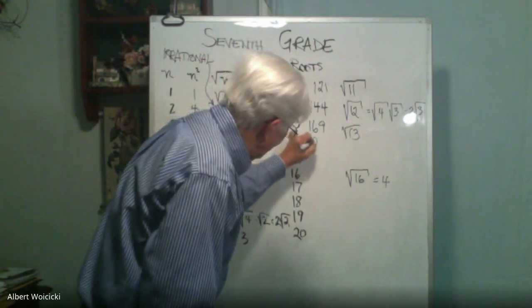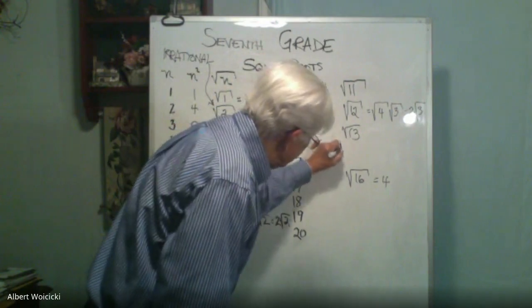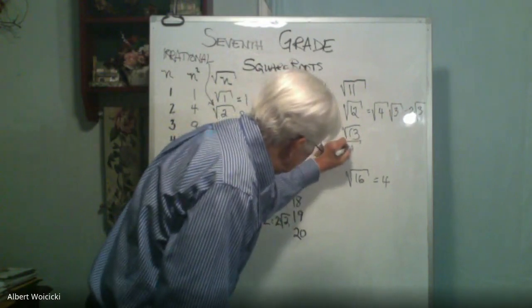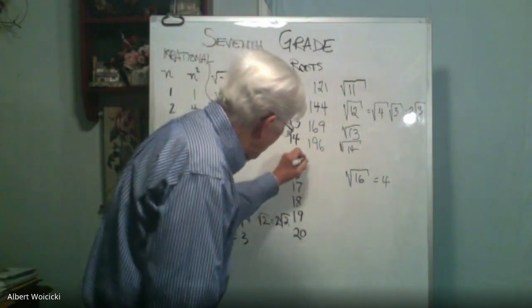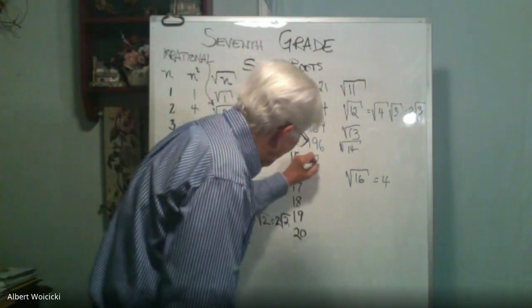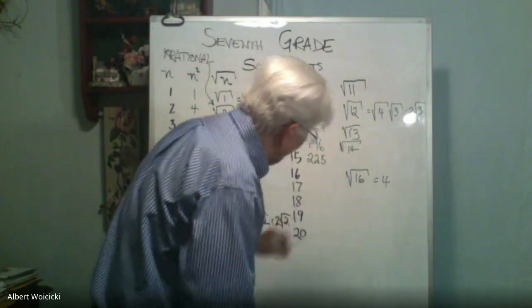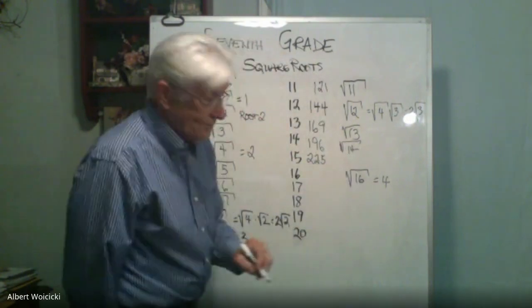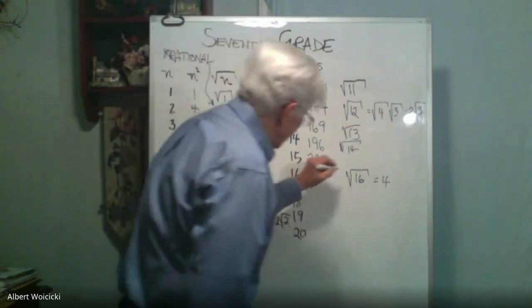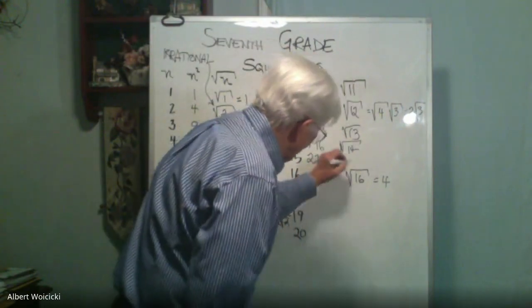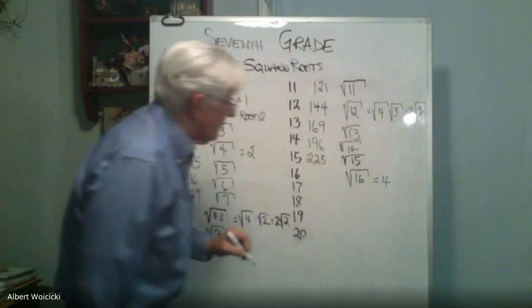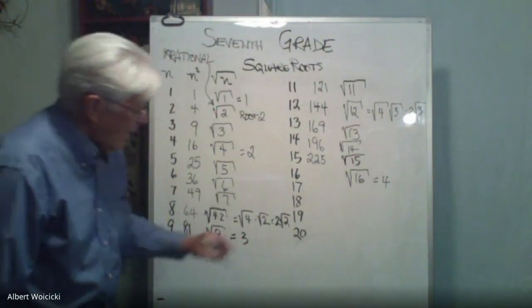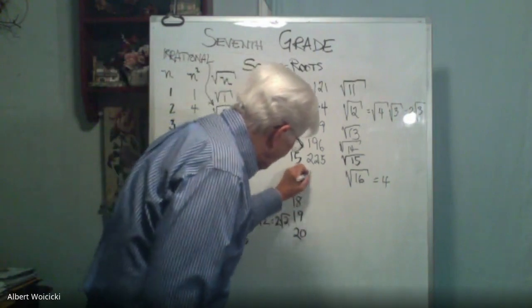That's 196. And 15, 3 times 5, nothing there. It's 225. And here we have the square root of 15, and that's also irrational. And then 16 squared is 256.